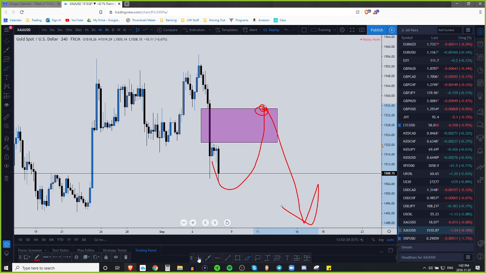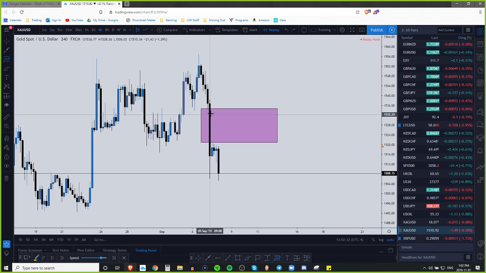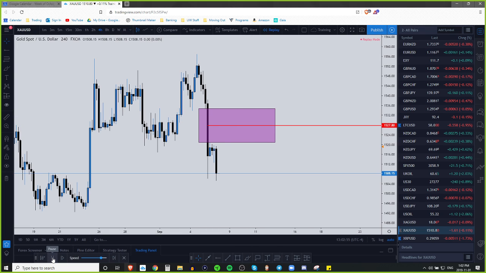We were talking a little bit about imbalance yesterday and how we can look to trade off of imbalance, and there's a few different ways we can do things. Again, this has to do with the Fibonacci tool as well, but we can measure the imbalance from the top to the bottom here. We can place a line at the dead center of this imbalance, that 50% point. We can set an area to trade from, which if we hit play, we'll see that price comes back up.